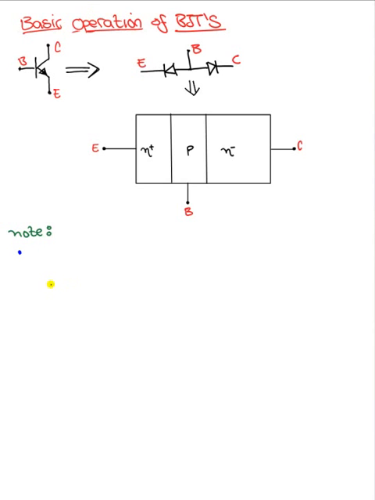We have that the NPN device is asymmetrical. Okay. The second thing is that the doping concentrations are not uniform.